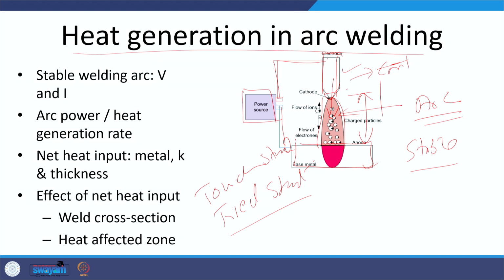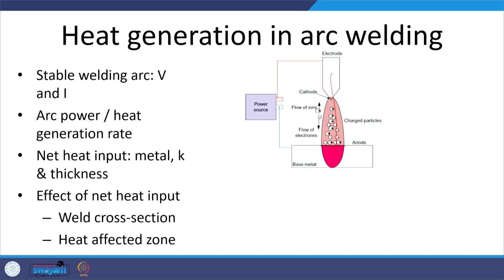Once the arc is established and say current I is flowing and the arc voltage between the electrode and the workpiece is V, then these two parameters are used to calculate the power of the arc, or heat being generated, okay. So, V into I gives us the power of arc.